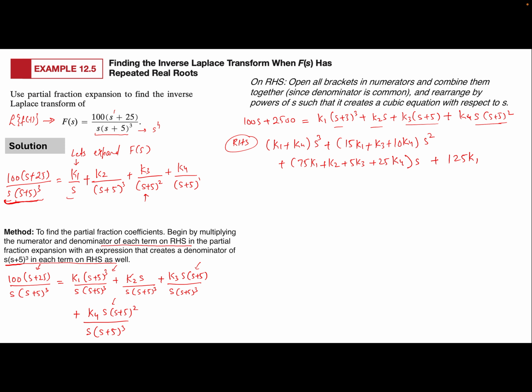Okay, so this is the polynomial expansion of the right-hand side of this equation. And again, the left-hand side of this equation is 100s plus 2500.